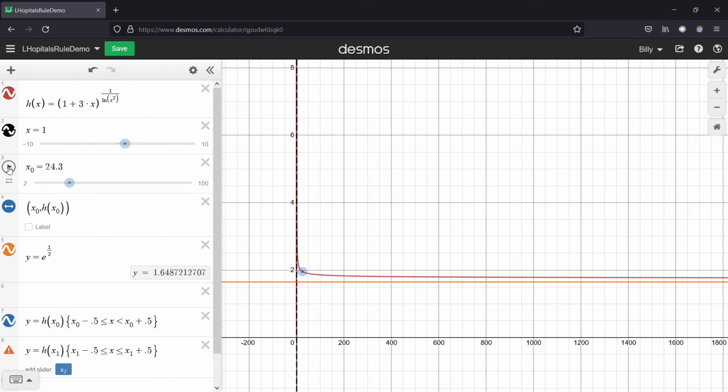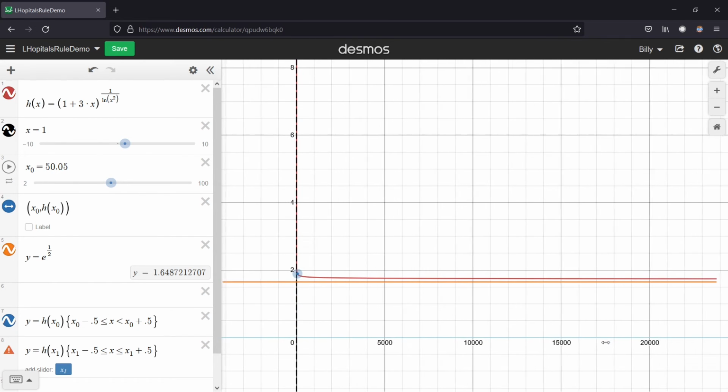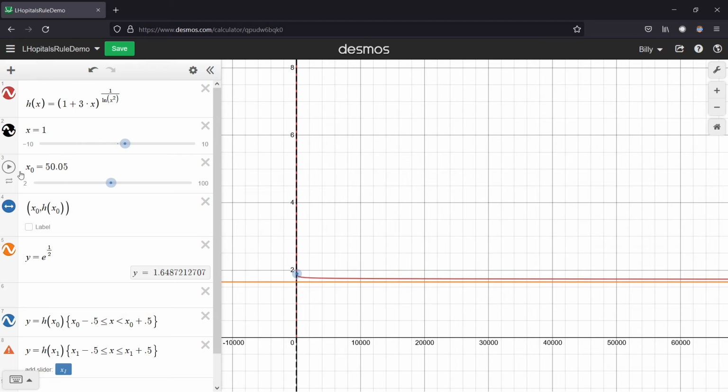And the convergence does take a little while. This is just going up to 100, which is right there. But if I go up to, say, 10,000 for x values, the limit does in fact appear to be getting closer and closer to this actual value.